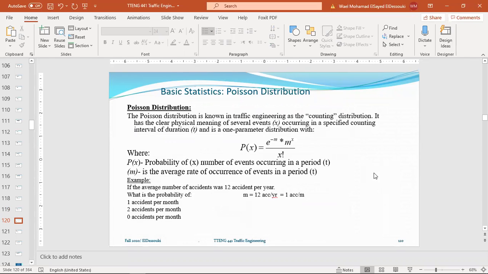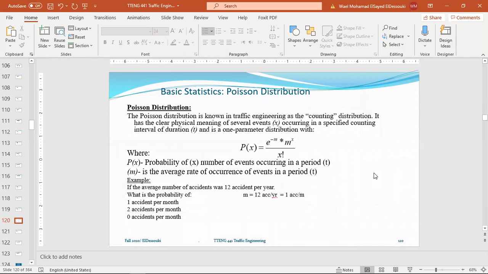Poisson distribution is known in traffic engineering as the counting distribution, okay? Because it has the clear physical meaning of several events X occurring in a specified counting interval of duration T, okay? And it's a one parameter distribution.